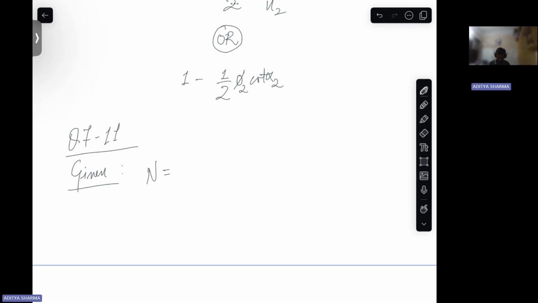Rotational speed is 18,500 RPM. Volume flow rate is 19.5 meter cube per second.